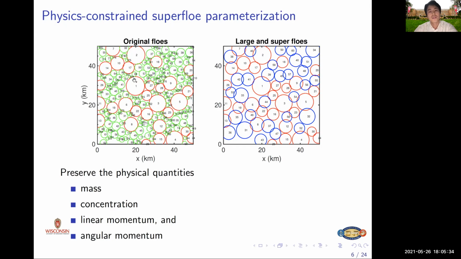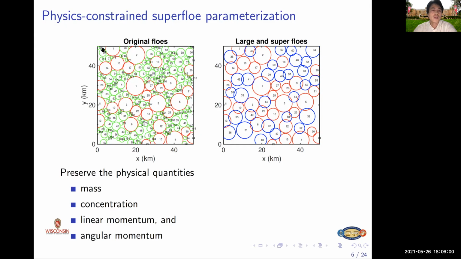These red cylinders are large floes, and then there are 170 small floes. We parameterize these small floes as superfloes. In the right plot, these blue cylinders are describing the superfloes.